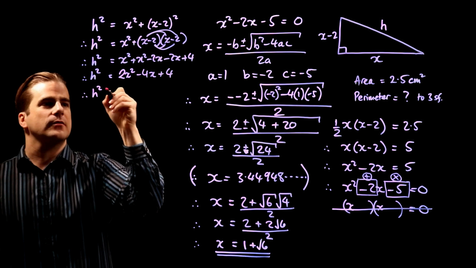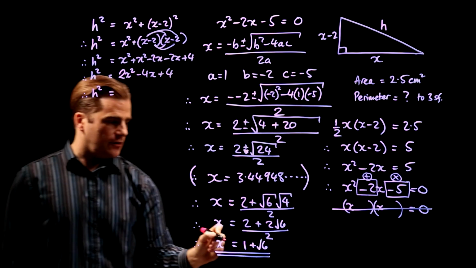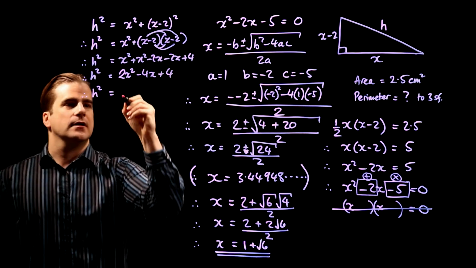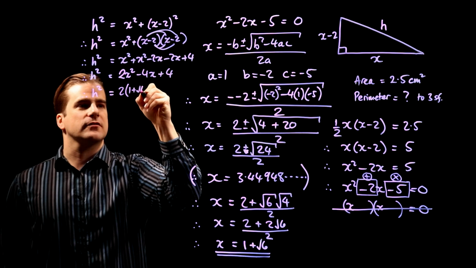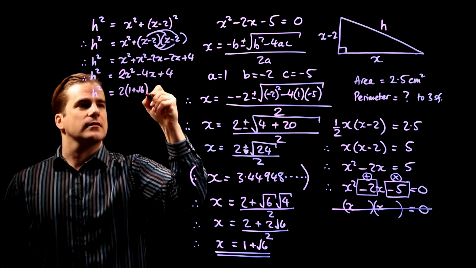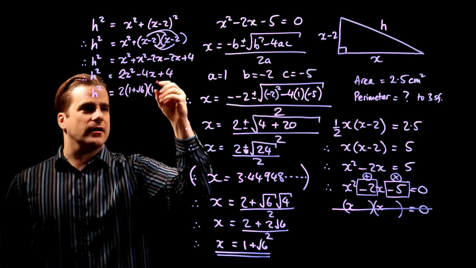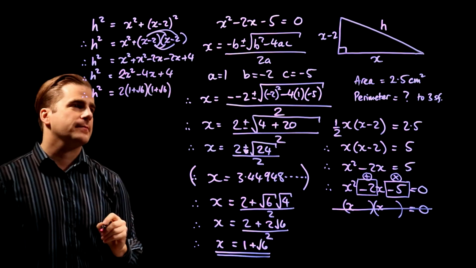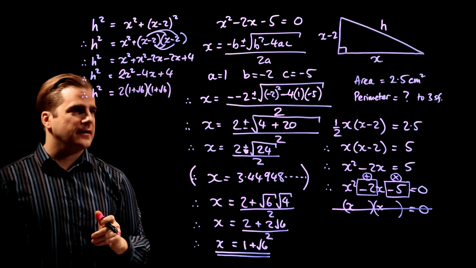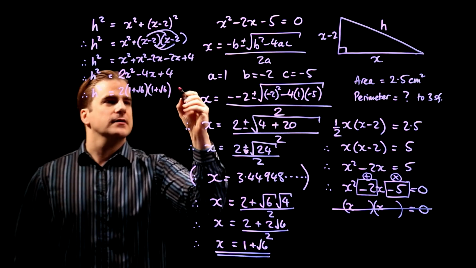Therefore, h squared is, we're going to sub in the value of x. 2 times x squared, that's 1 plus root 6 times, I'll write it out straight away, 1 plus root 6, that's 2x squared. Running out of space, irritating.